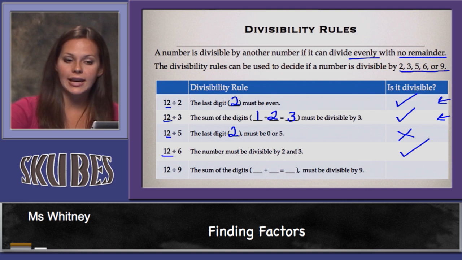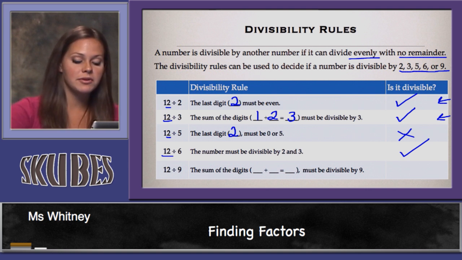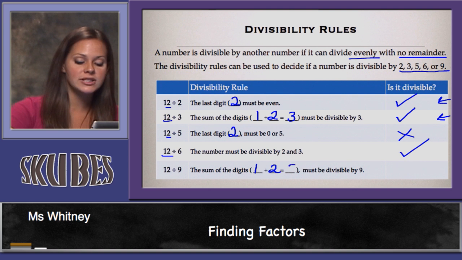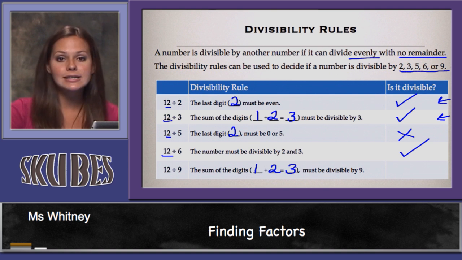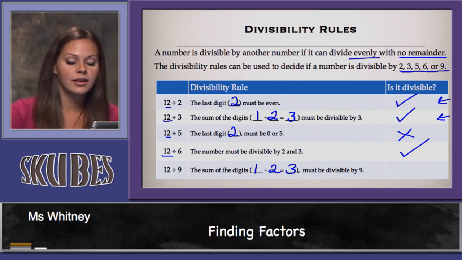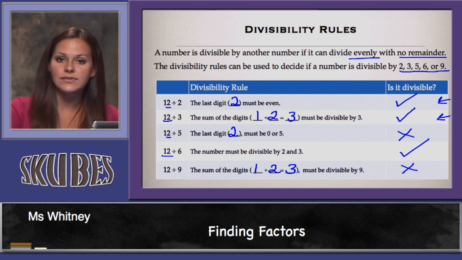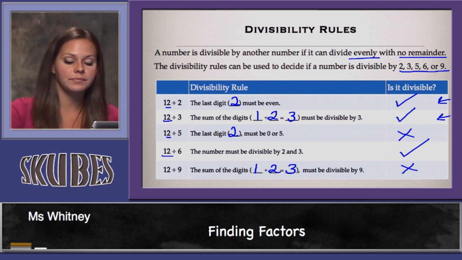Let's look at the rule for dividing by 9. The sum of the digits, remember the digits are 1 and 2 to make 12, and the sum, 1 plus 2, is 3. So the sum of my digits must be divisible by 9. 3 is not divisible by 9, so 12 is not divisible by 9.